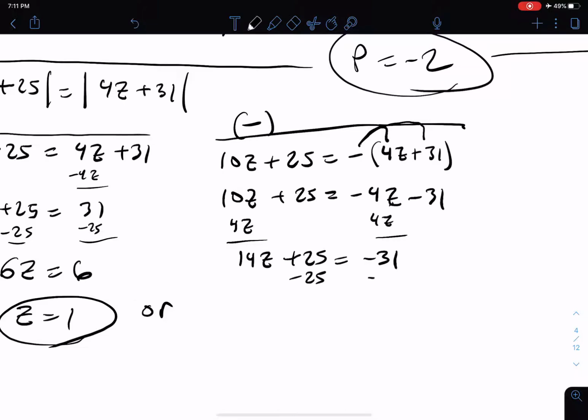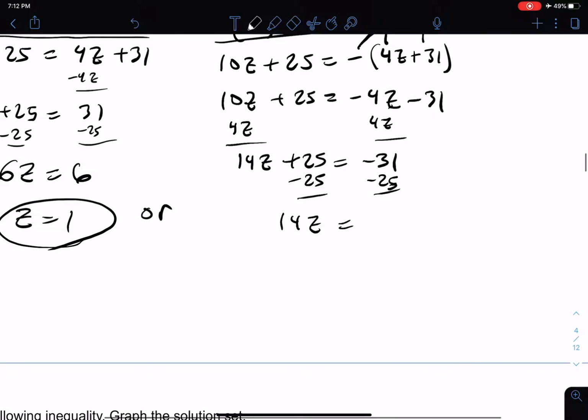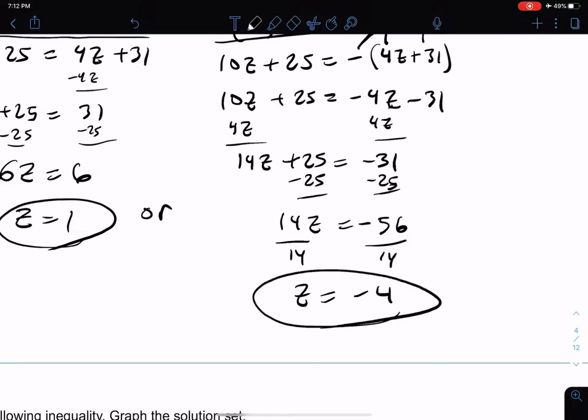Subtract 25. Now I've got 14z equals, let me move that up, negative 56. And divide by 14. And z equals negative 4. So there's my answer. It is 1 or negative 4.